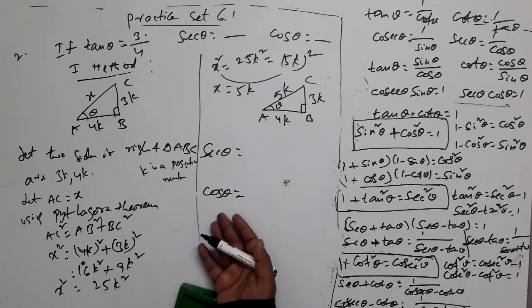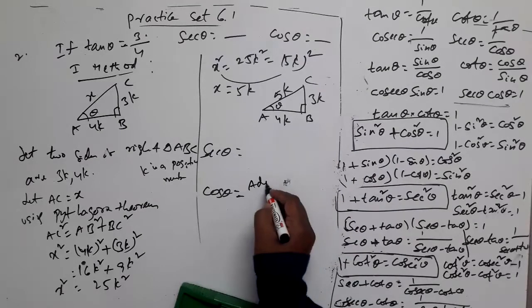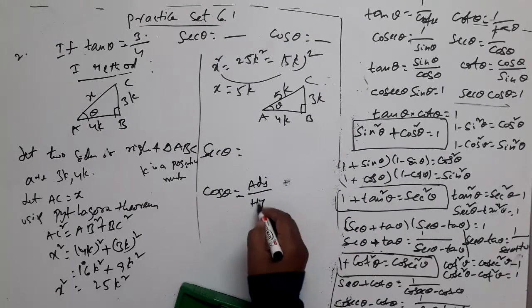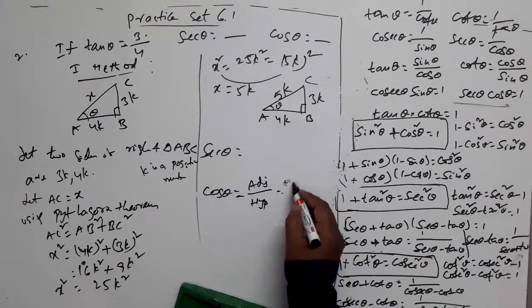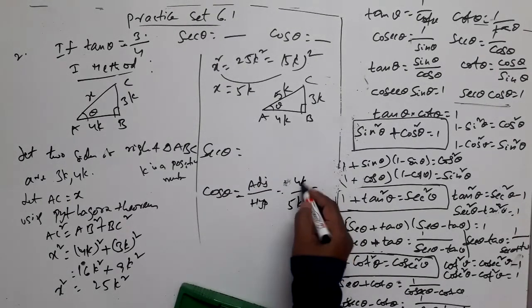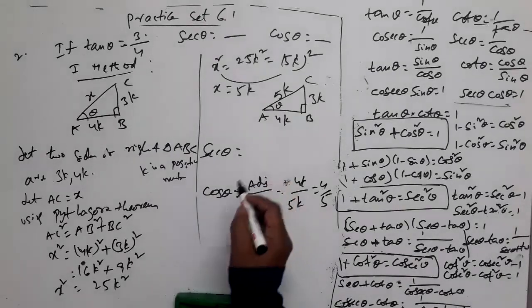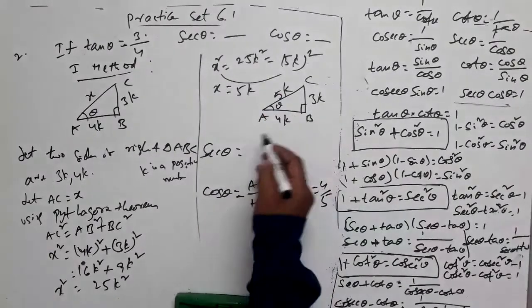So tell me, what is cos theta? Adjacent side by hypotenuse. So that is 4k by 5k. So k gets cancelled, 4 by 5. What is secant? Reciprocal. That is hypotenuse by adjacent side.